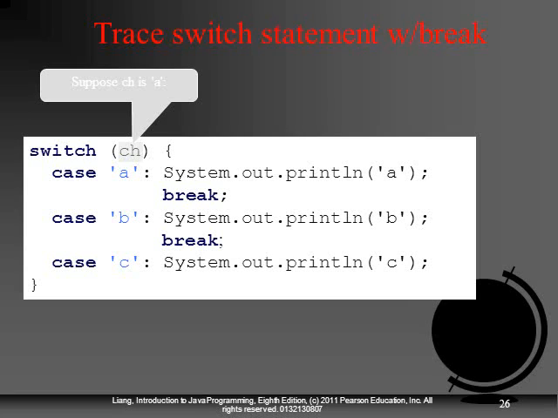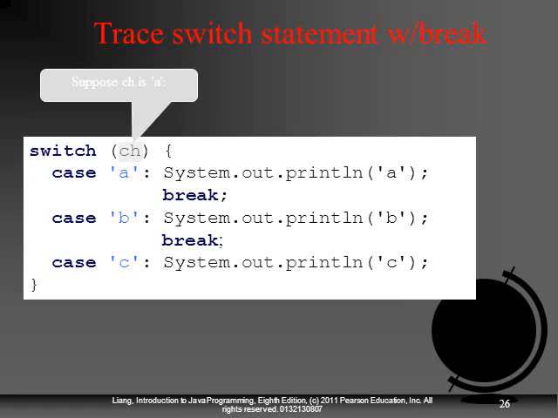And in our last case, the case of ch equal to c, we don't have a break there. It doesn't require one because that's the last case in our scenario, and once it did what it was told to do, it would simply fall through to the next statement in the program.